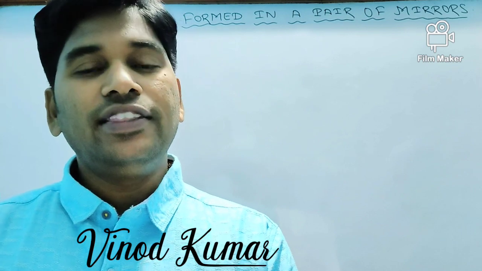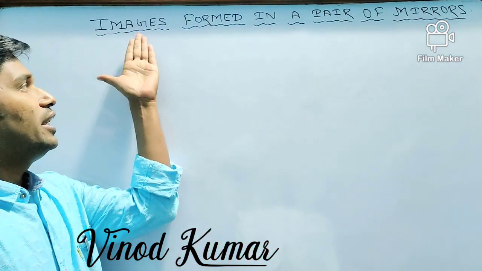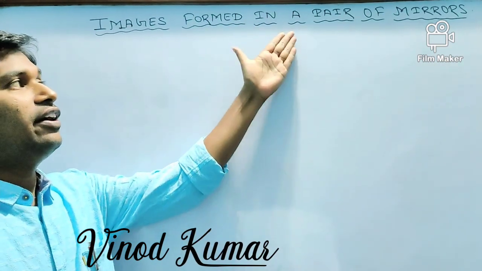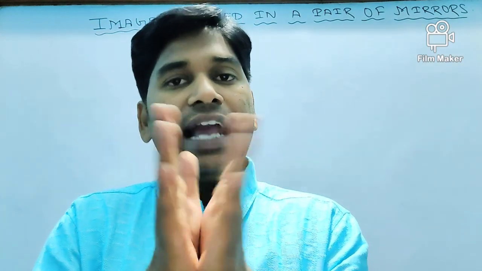Welcome, dear students. In this video, I am going to explain about images formed in a pair of mirrors. Children, when two plane mirrors are kept at certain angle and an object is placed between them, then we can find more than two images.